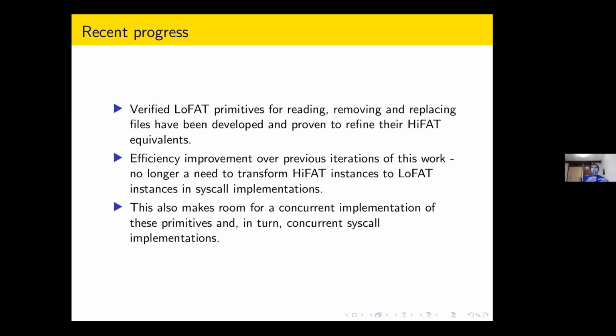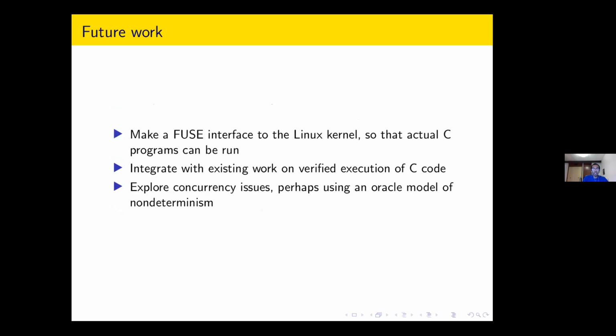And this in turn allows us to think about what it might mean for us to explore concurrency, because concurrency is inherently something which involves multiple things happening at the block storage level at the same time rather than at a completely abstract level. And so now that we have everything happening in low fat, we've got room for a concurrent implementation of these primitives, which in turn sets us up for concurrent implementations of our syscalls.